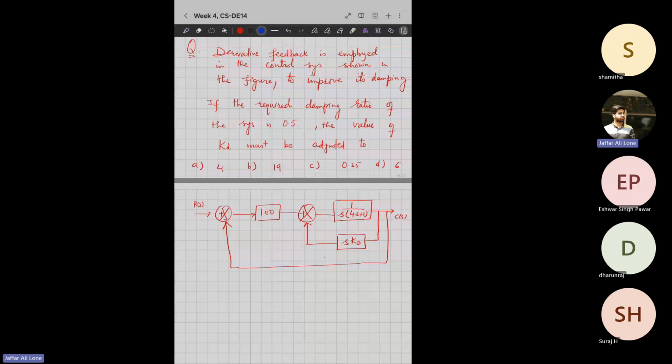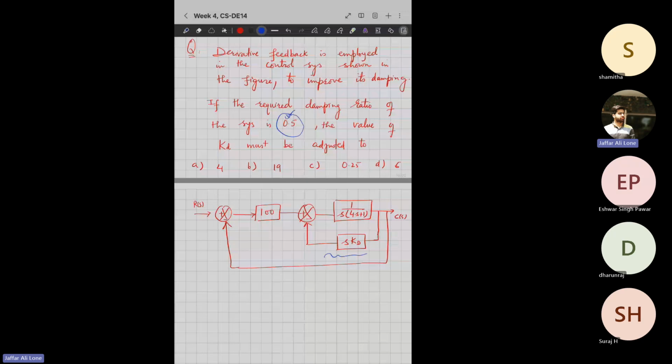Damping means we want to improve this. We want to play with this value. And what do we want? So this can be anything, 0.1, 2, 3, 4, anything. But we want this zeta to be 0.5. So I told you we use controllers to get the desired values.